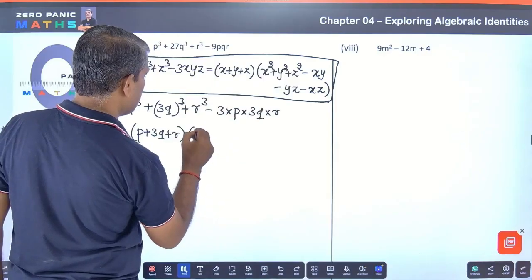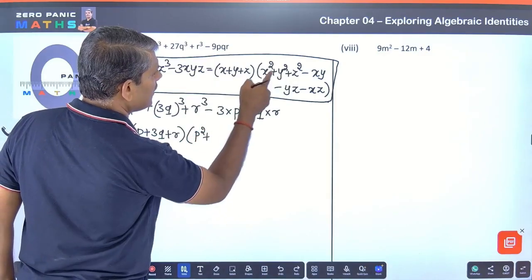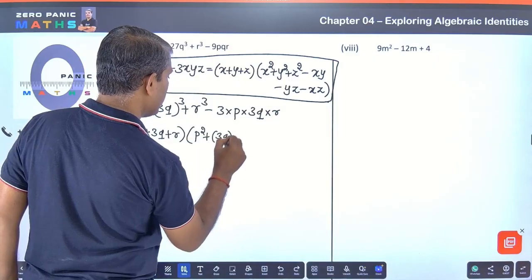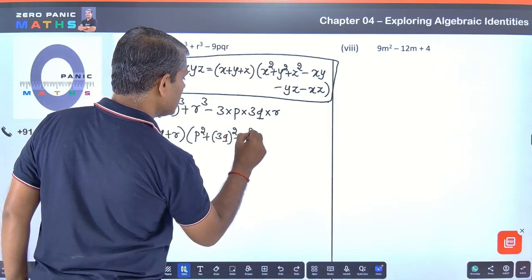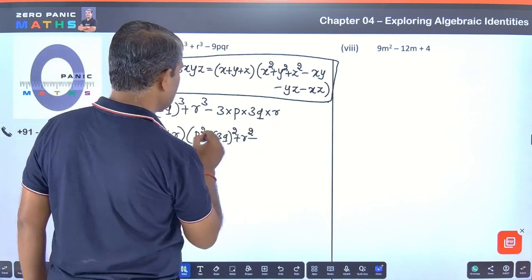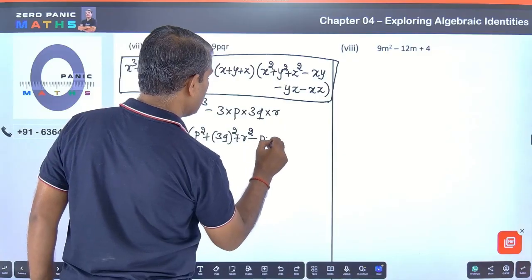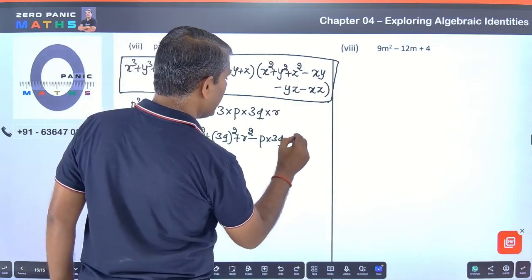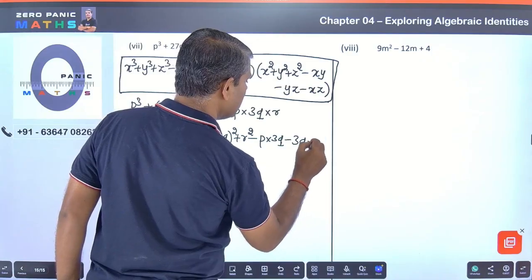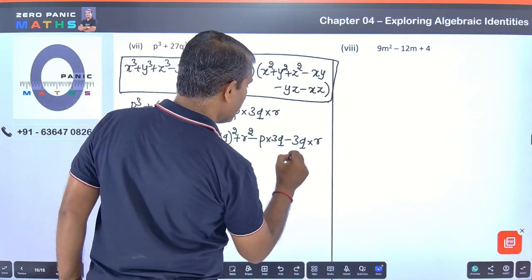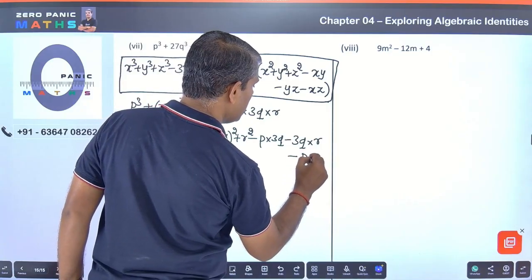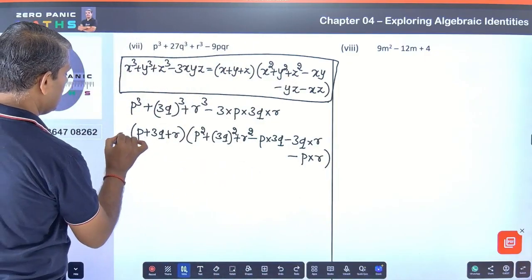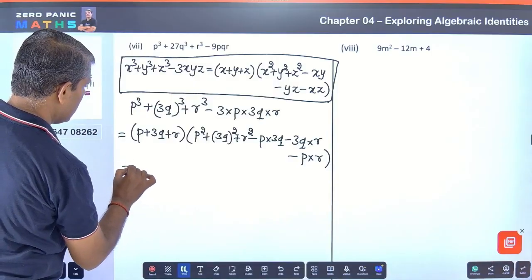Now it is p square, plus y square is 3q whole square, plus z square is r square, minus xy, x is p and y is 3q, minus yz, y is 3q and z is r, and finally minus xz, xz is p into r. This is our second term. Just do the final multiplications, and that will be the answer.